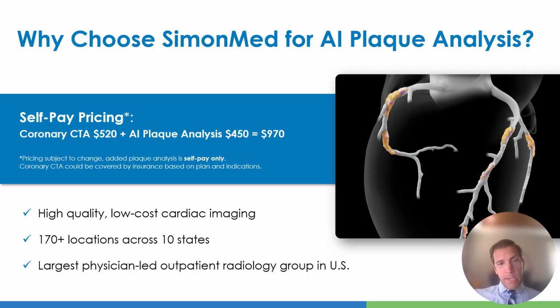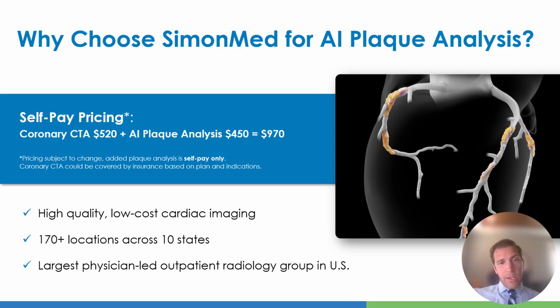We also have the ability to get these exams scheduled very quickly, oftentimes even next day. We have over 170 locations throughout the United States, and we have really one of the largest physician-led outpatient radiology groups in the United States. So a very large team and a very skilled team.